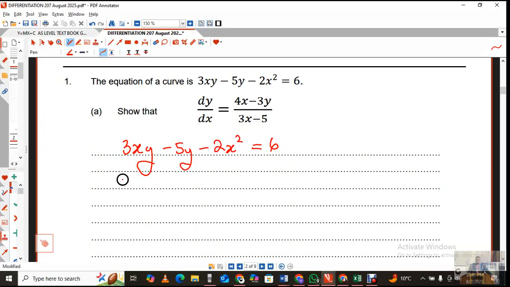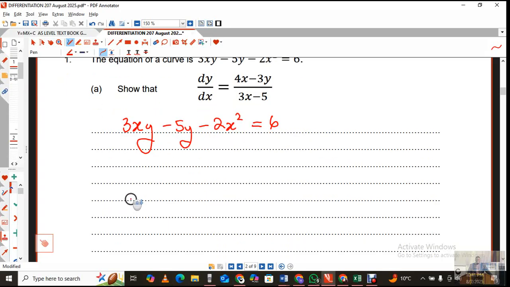So we are going to do d by dx of both sides. We are going to say d by dx of 3xy minus 5y minus 2x squared is equal to d by dx of 6.